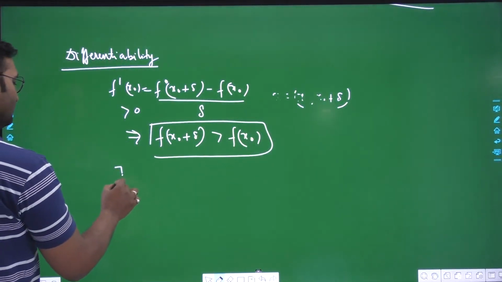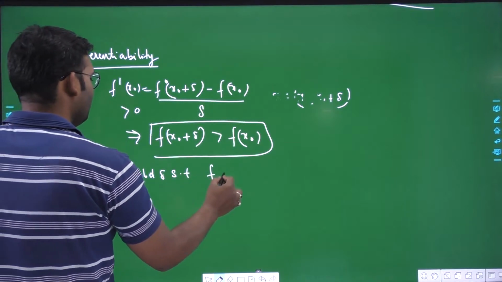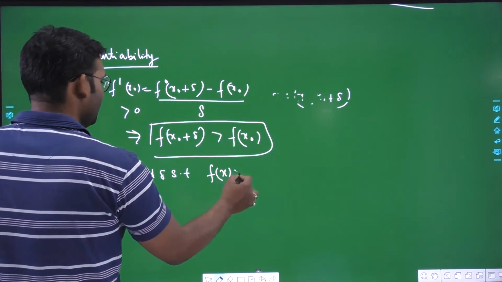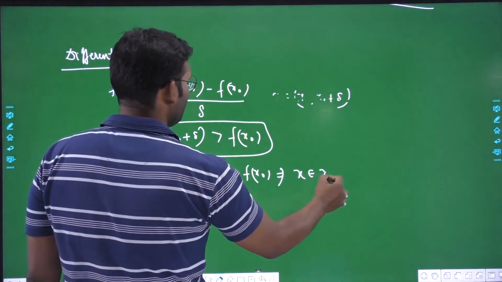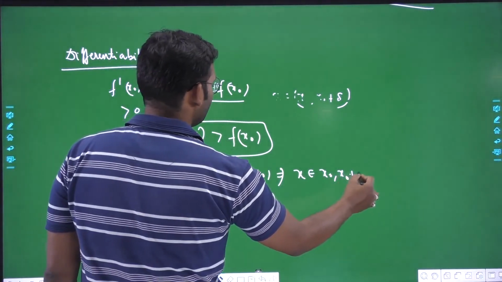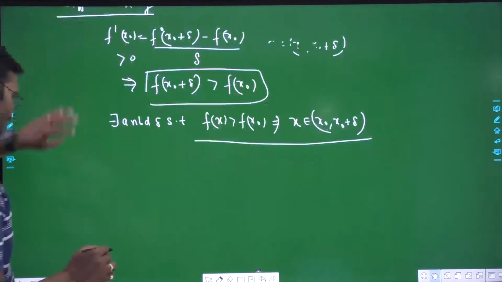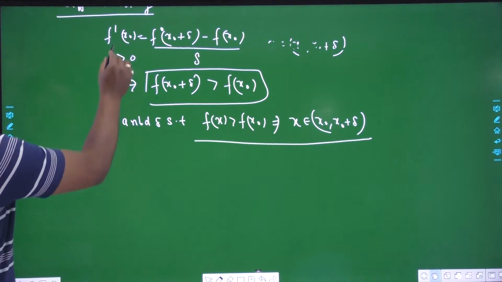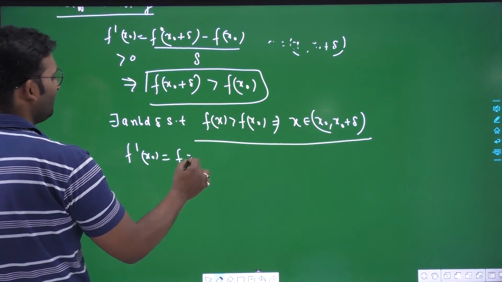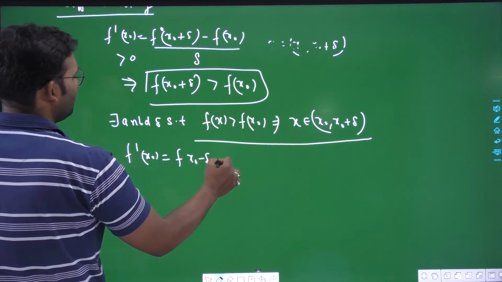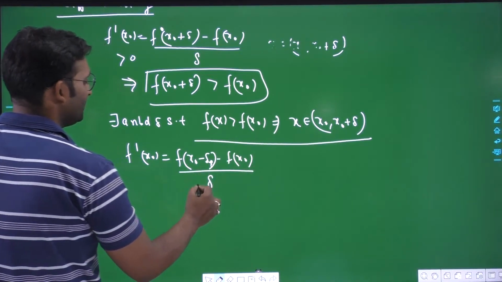It implies there exists a neighborhood del such that f of x is greater than f of x naught, where x belongs to x naught comma x naught plus del. This follows from the definition of differentiability itself. And if I'm saying this, I can also write that f dash x naught is equal to f of x naught minus del minus f of x naught divided by minus del.